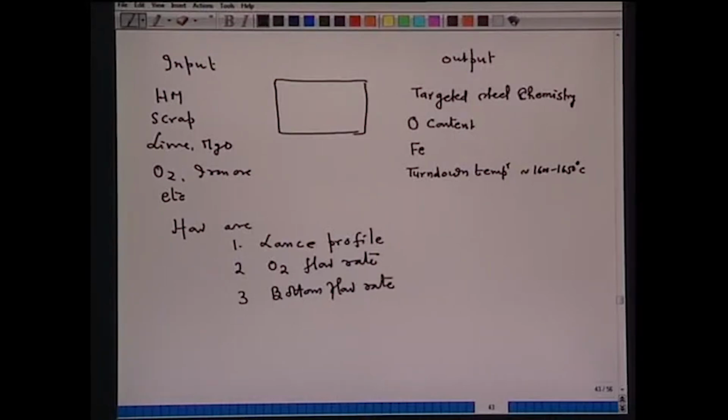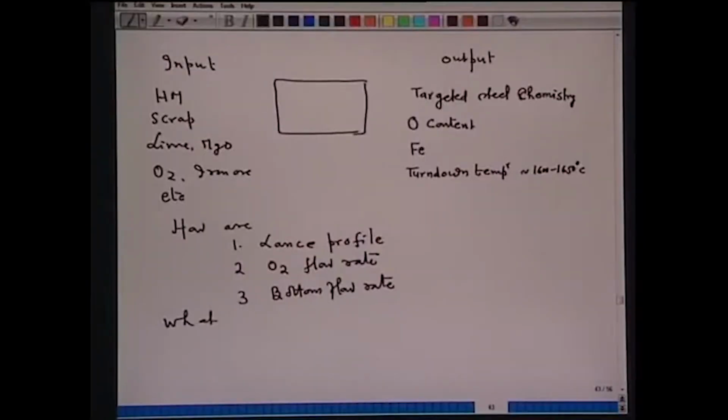So, these are the three controlling parameters through which the various processes inside the converter are controlled in order to get the output which I have listed over here.